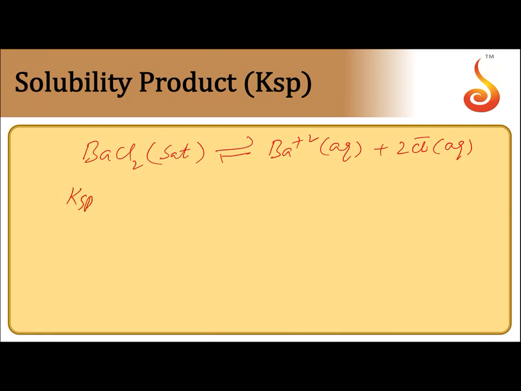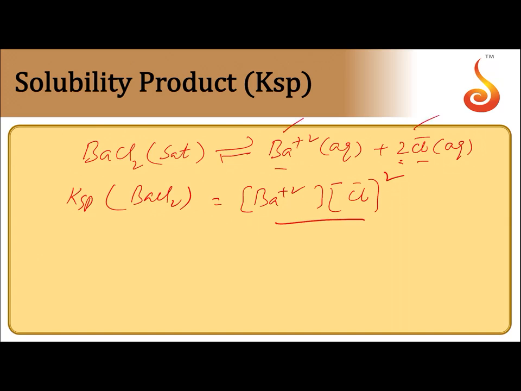Now the Ksp of BaCl2 is equal to the product of the ionic concentrations of Ba plus 2 and Cl minus raised to the power of their respective coefficients. That means the concentration of Ba plus 2 into the concentration of Cl minus squared, since the stoichiometric coefficient is 2. This is called the Ksp of BaCl2.